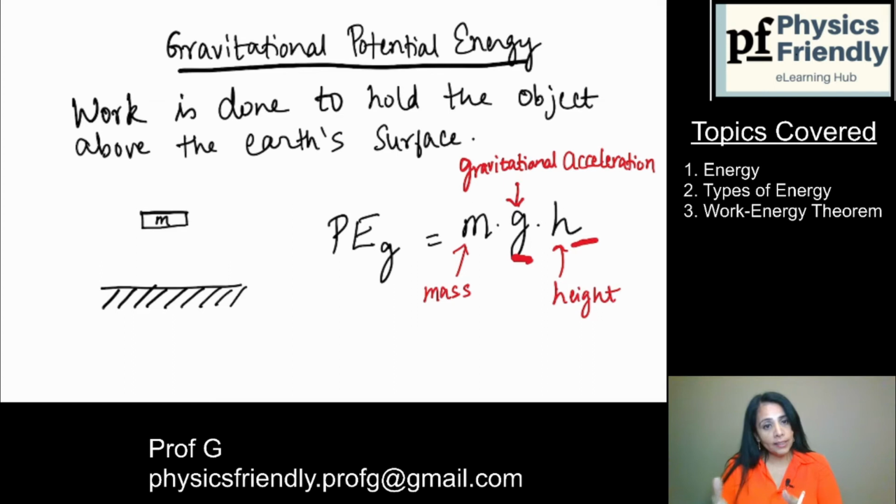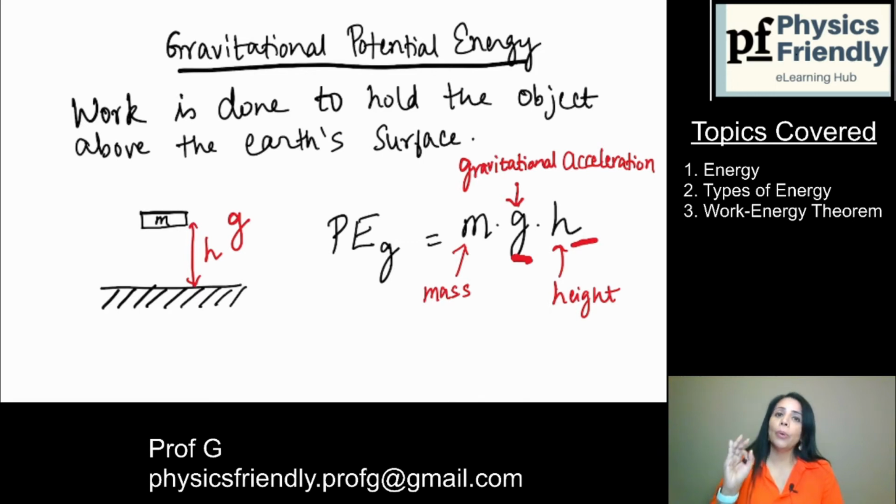Let's look at this particular figure. Here is the mass of the object, and the distance at which the object is held from the ground surface, or earth surface, we call small h. And then of course we have seen in free fall that there is gravitational acceleration always acting on the given object, which is equal to 10 meters per second squared if you round off, or 9.81 meters per second squared to be precise.